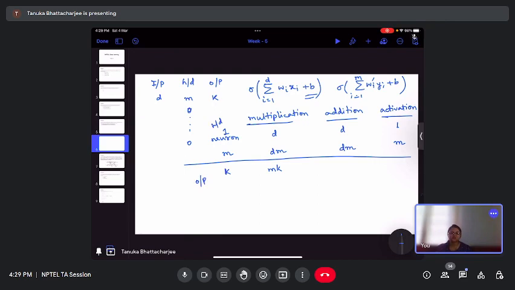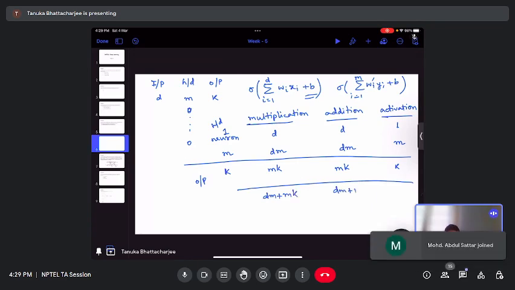Now addition: for one single neuron you have m number of additions, so in total you have again mk number of additions, and each neuron has one activation function, so in total k. So if you compute the totals, for multiplication you have dm plus mk, addition also dm plus mk, and activation function evaluations m plus k.